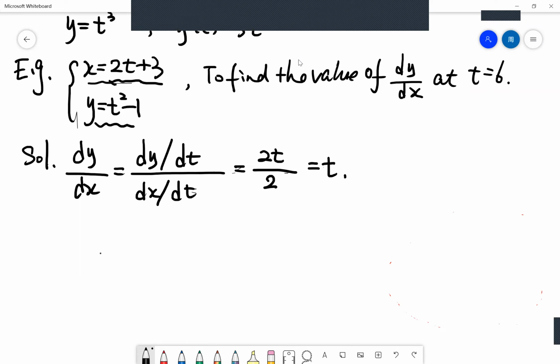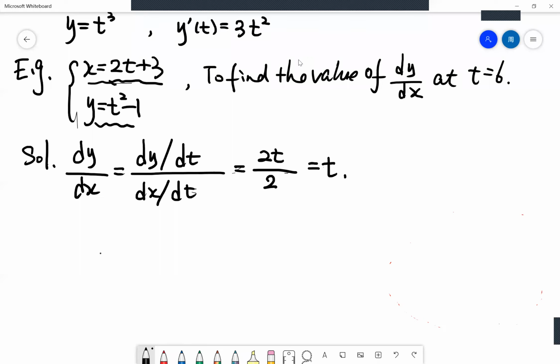And now we want to find the value of dy by dx at the point t equals 6. So we just substitute t equals 6 into this function. So dy by dx equals t.